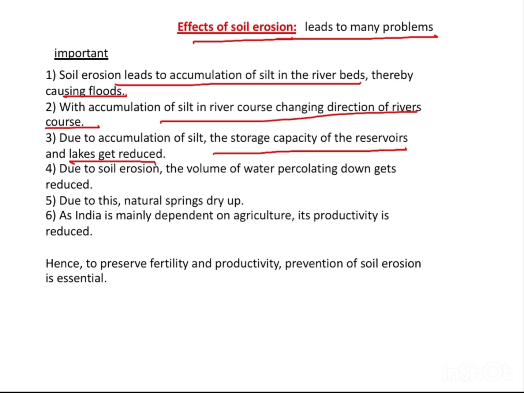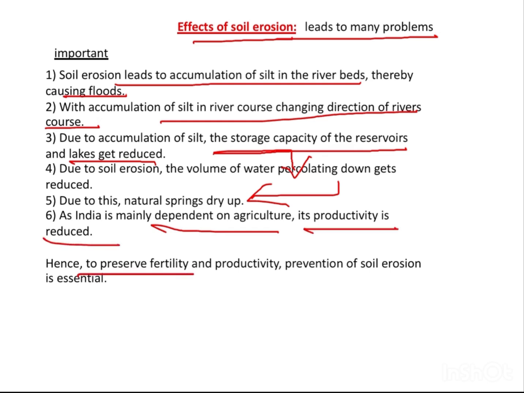The water percolation capacity gets reduced, and this dries up the natural springs. As India is mainly dependent on agriculture, its productivity also gets reduced. Hence, to preserve the fertility and productivity of the soil, the prevention of soil erosion is essential.